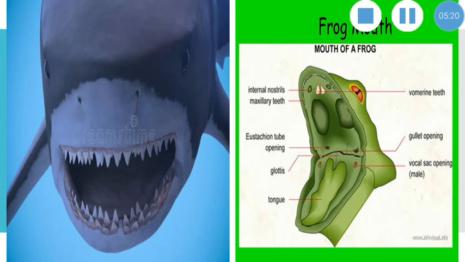Teeth occur in a single row in the upper jaw only. But in the case of Scoliodon you can see the teeth in both the jaws, while in the frog only a single row, in the upper jaw.